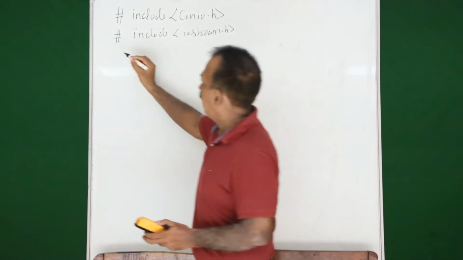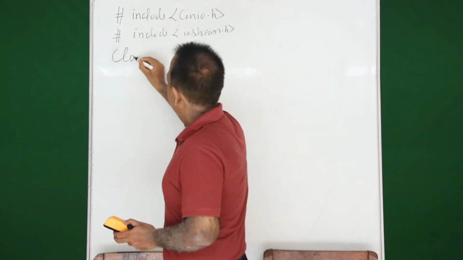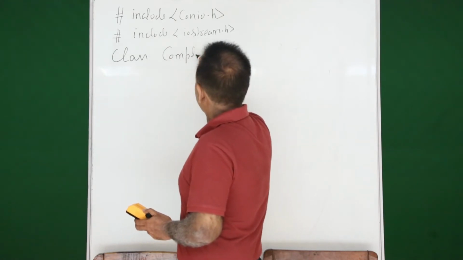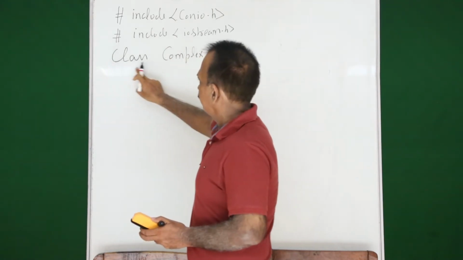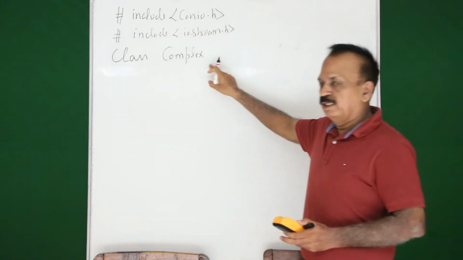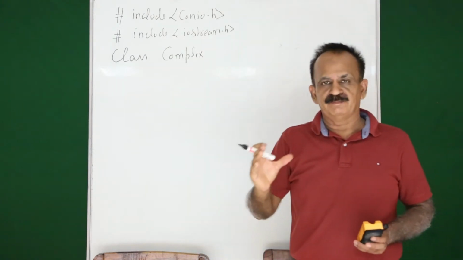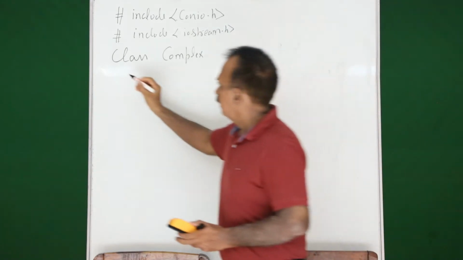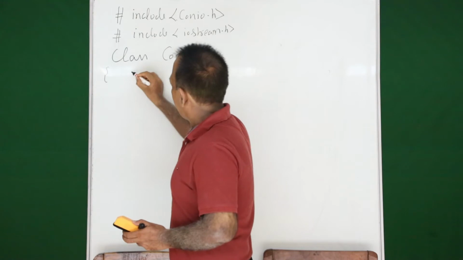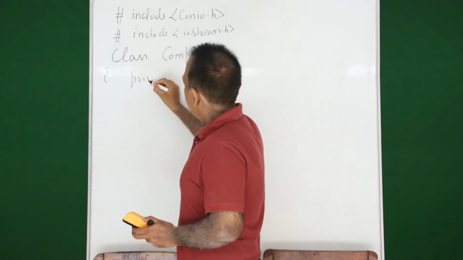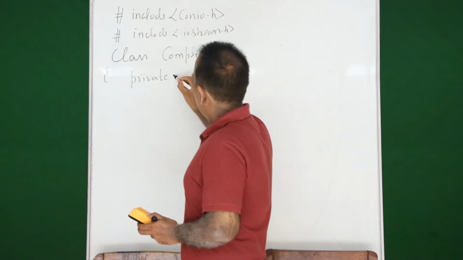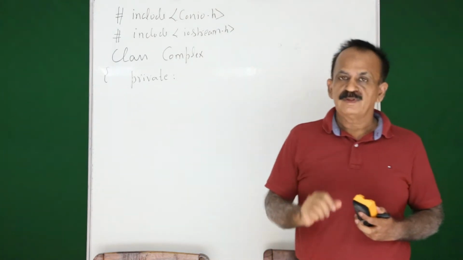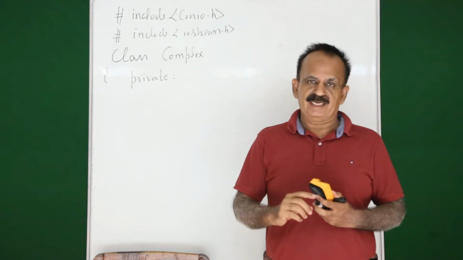Now I say I will be declaring a class, and this class is for complex number. The first word, class, is a reserved word, and this is the name given to the new data type which I am going to implement, and that is, say, complex. Braces. Now the first part, private. I hope private members are those which can be used within the class or by the members of the class.